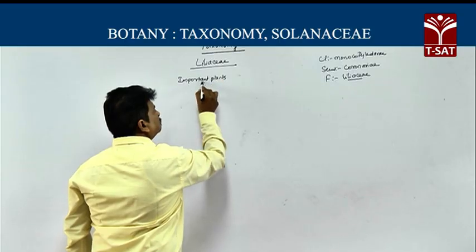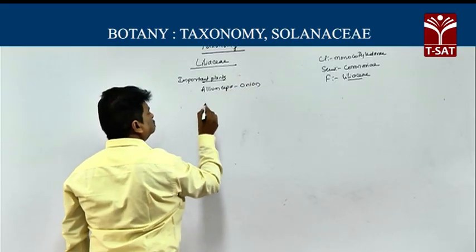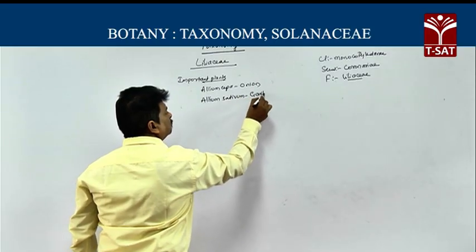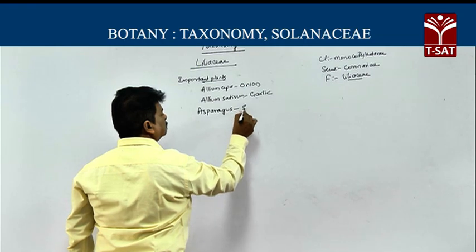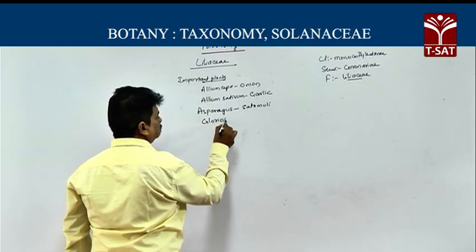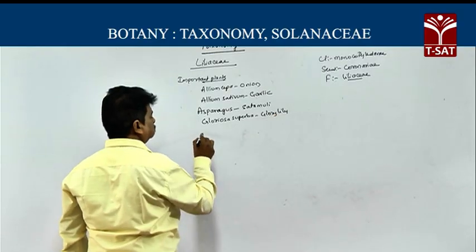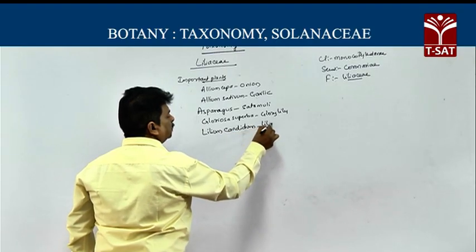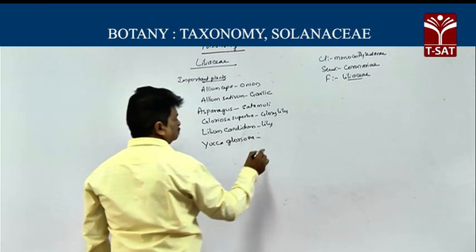Important plants: Allium cepa, onion; Allium sativum, garlic; asparagus, satamuli; Gloriosa superba, glory lily; Lilium candidum, lily; Yucca gloriosa.